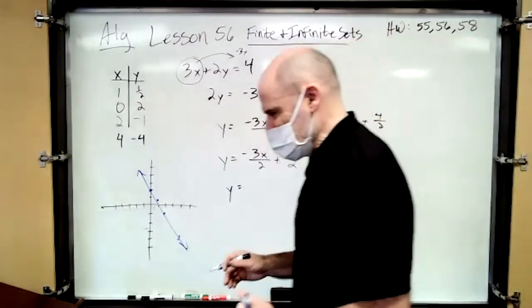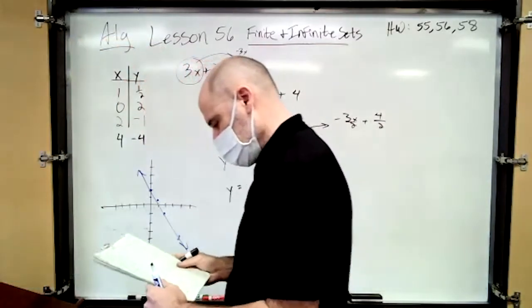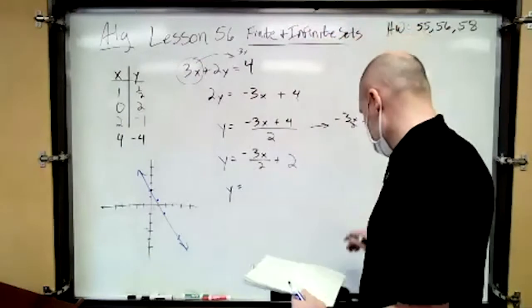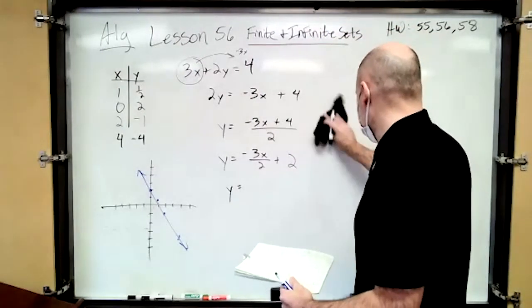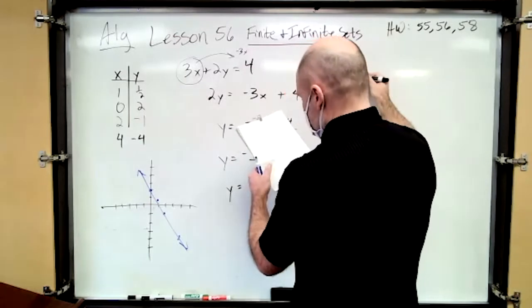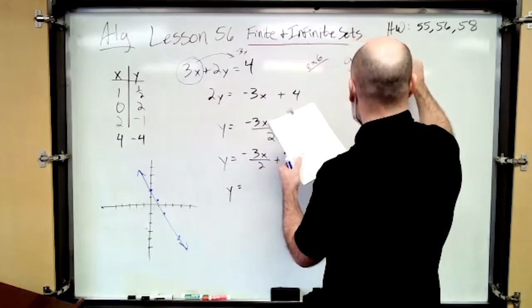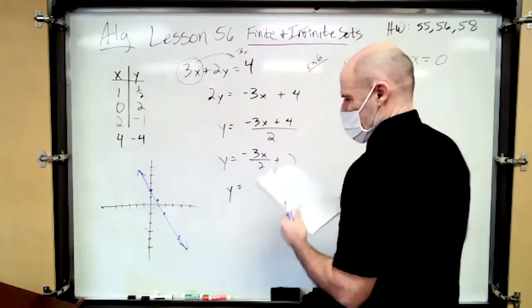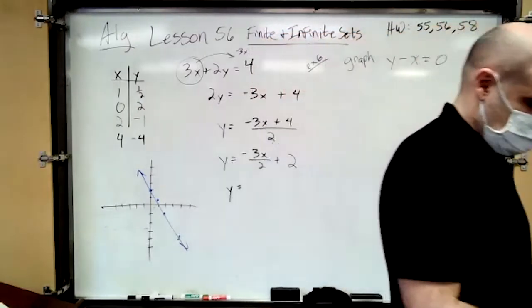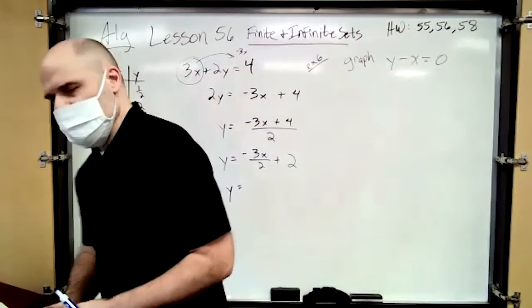Okay, let's try two more. One more, and then we'll be done. So here is example 6 in this lesson. So I want you to just graph on your paper y minus x equals 0. This is too easy. Like you don't even have to rearrange it, but let's rearrange it first and then see what it looks like on the graph.